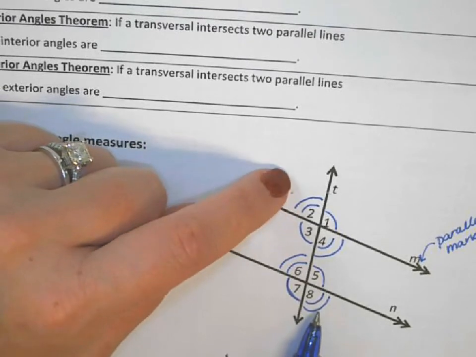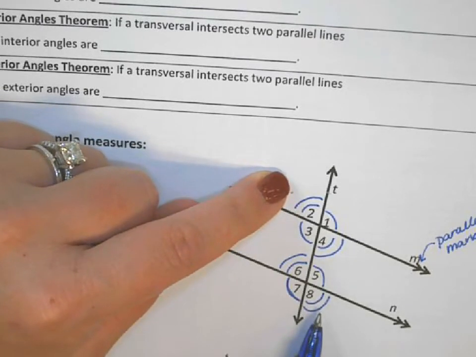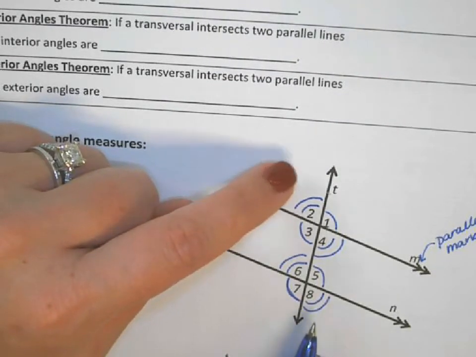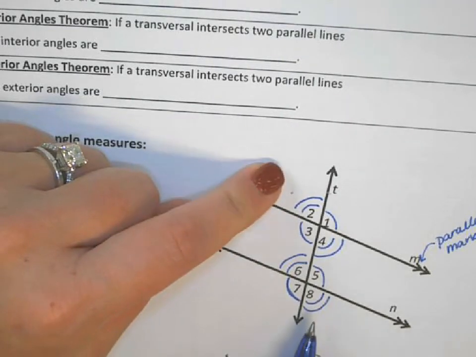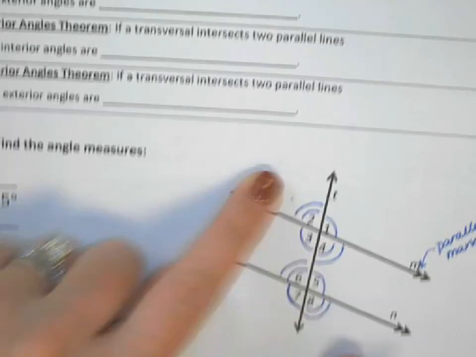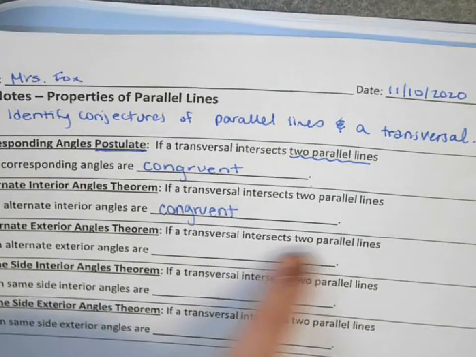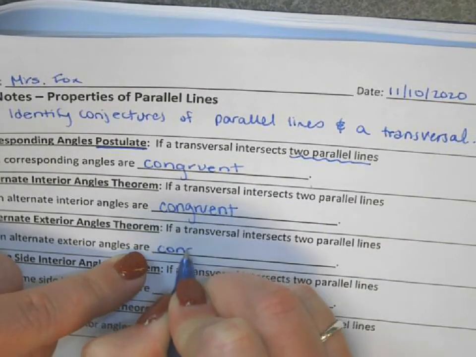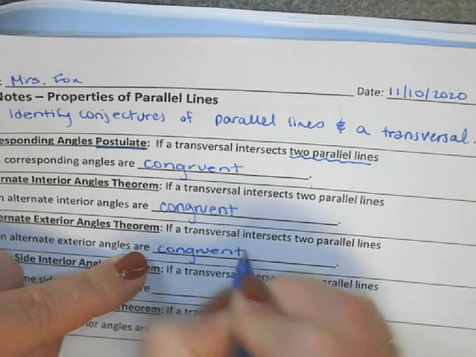Angle 2 and 8 are alternate exterior angles. What do you notice about their measures? They have to be the same. So 2 and 8 are also congruent angles because we marked them congruent. Do you see that? So it says, if a transversal intersects 2 parallel lines, then alternate exterior angles are congruent, and we just showed how they are congruent.